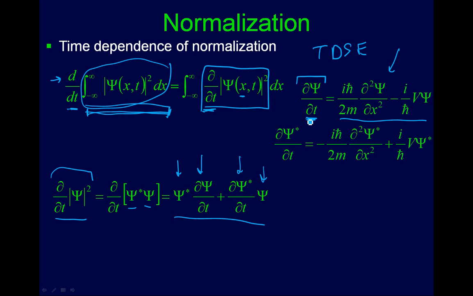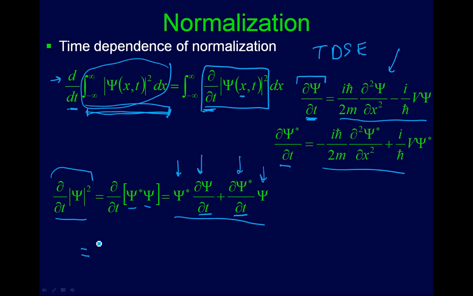If this is the statement for the derivative of psi with respect to t, I take the complex conjugate of both sides and get this equation. Double check this to make sure you agree. Basically, every i turns into a negative, and psi turns into psi star because psi could be complex.